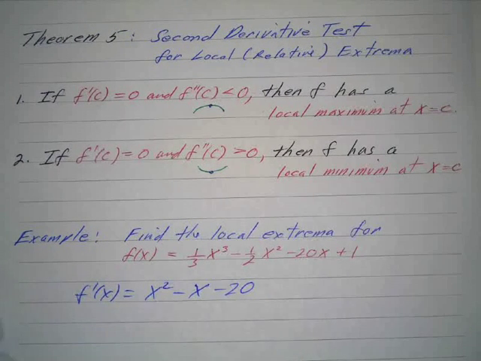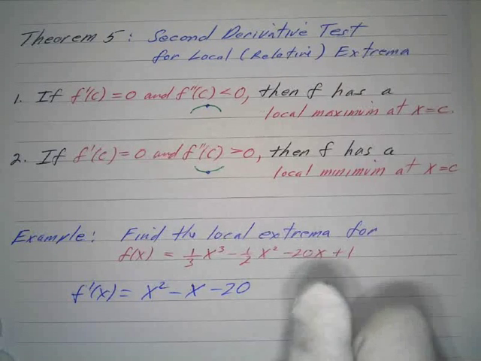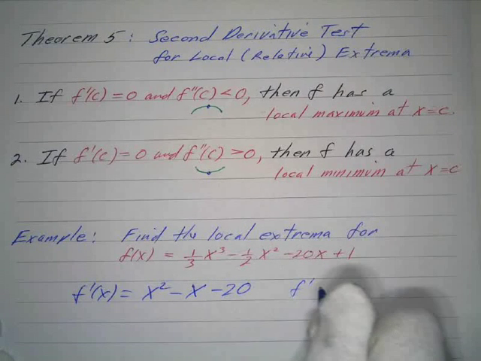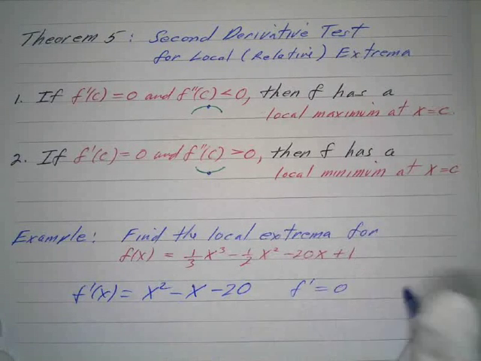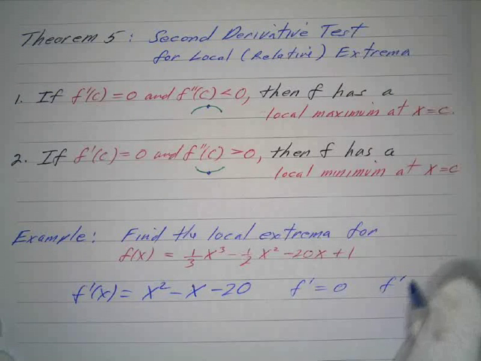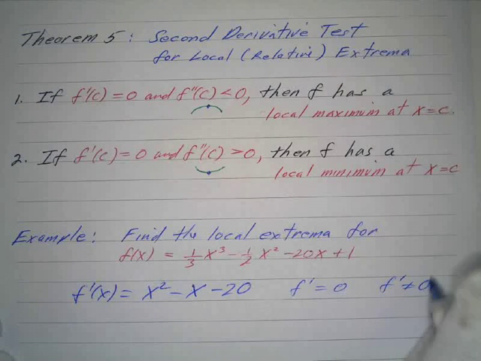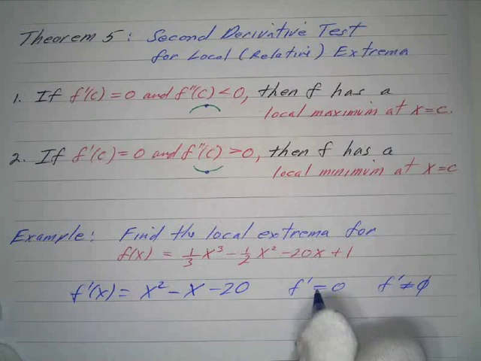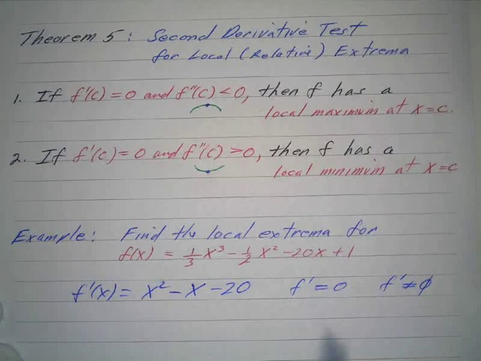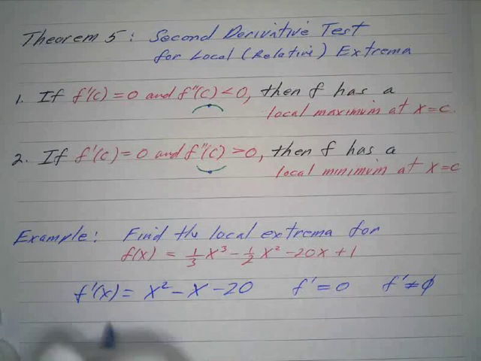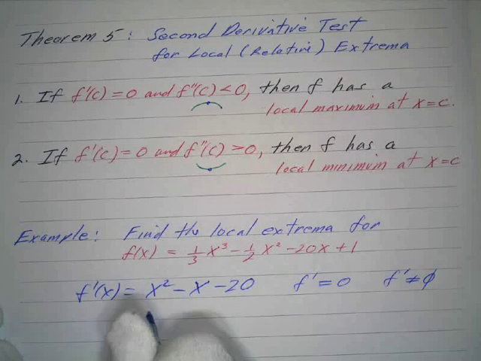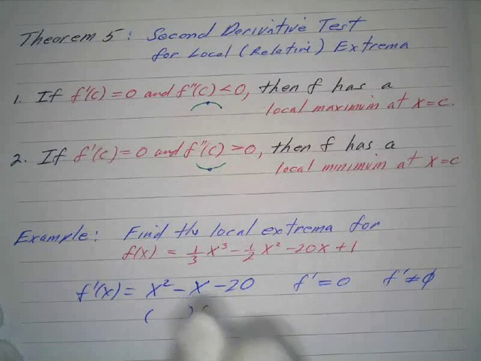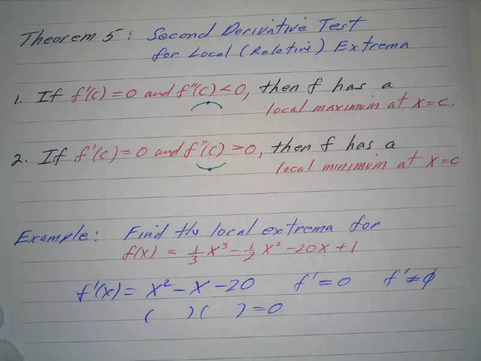And we can tell that f prime can be equal to 0. It's a polynomial, so f prime will not be undefined. So we don't have any critical points that are corners or cusps. But we can say that this is equal to 0. So if we set it equal to 0, we can factor it and set each factor equal to 0.